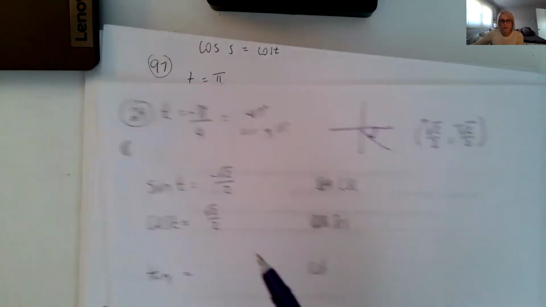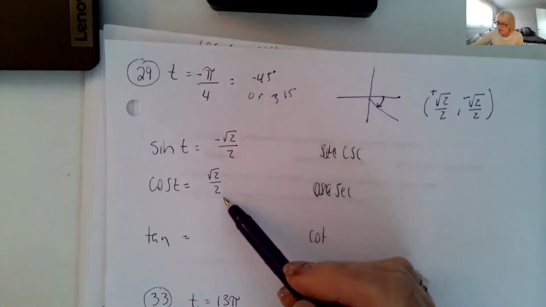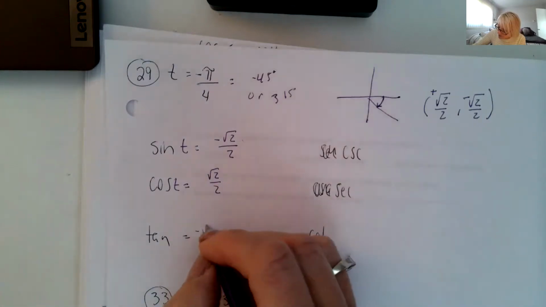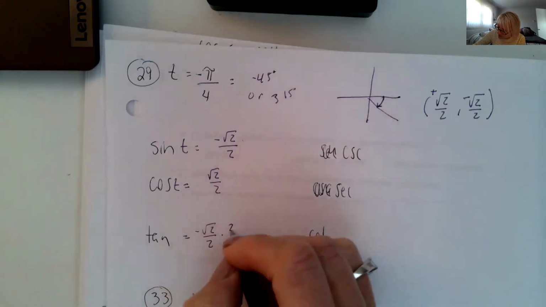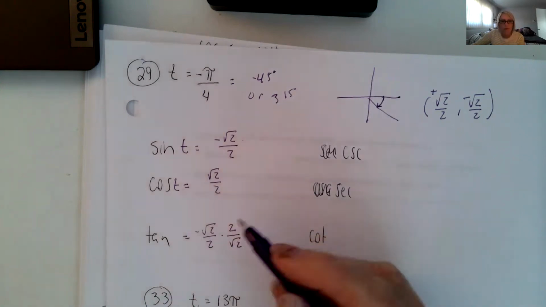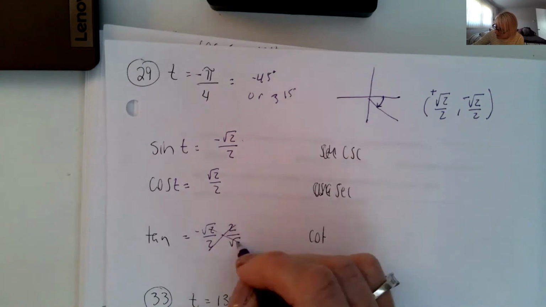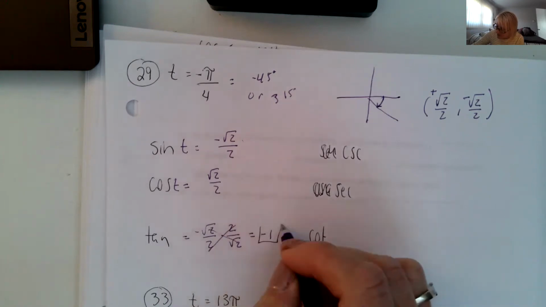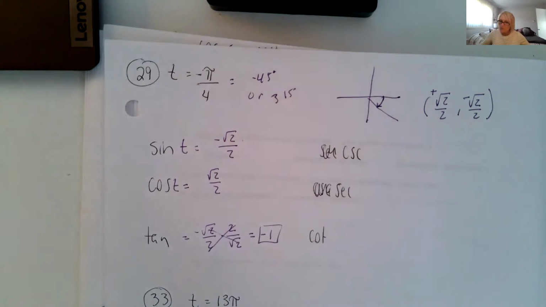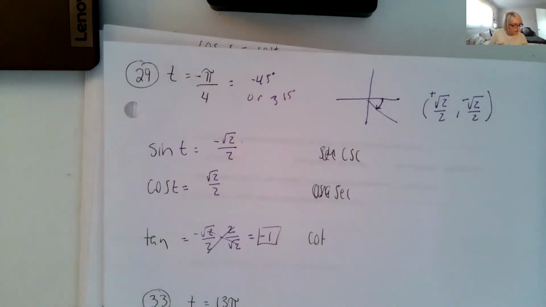And then when we do tangent, tangent is sine over cosine. So it's a negative square root of 2 over 2 times 2 over the square root of 2, because when you divide by fractions, you multiply by reciprocals. Those cancel and you end up with negative 1.